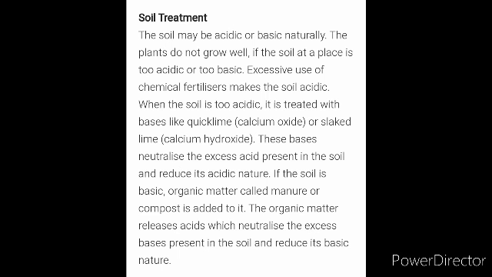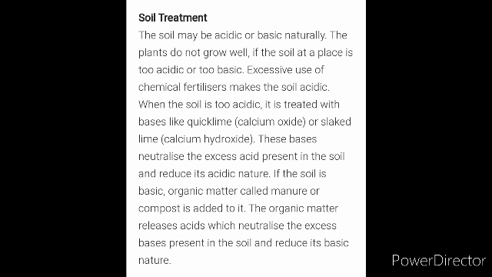These bases neutralize the excess acid present in the soil and reduce the acidic nature. If the soil is basic, then organic matter called manure or compost is added to it. The organic matter releases acid which neutralizes the excess base present in the soil and reduces its basic nature. So it means it needs a balanced field, not too acidic, not too basic.